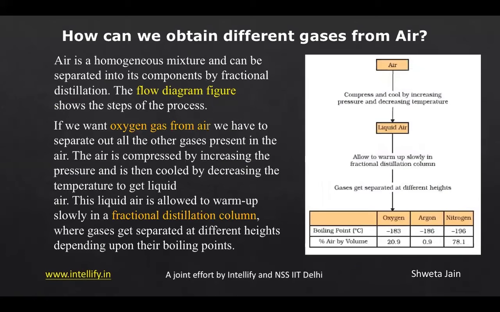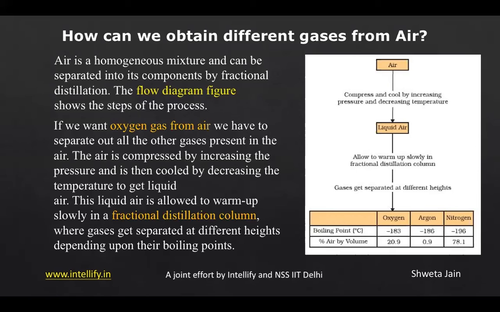How can we obtain different gases from air? Air is a homogeneous mixture of many gases, and we can separate out the gases by fractional distillation. Suppose we want oxygen gas from air, then we have to separate out all the other gases present in the air. The procedure used over here, we can see in the flow diagram.